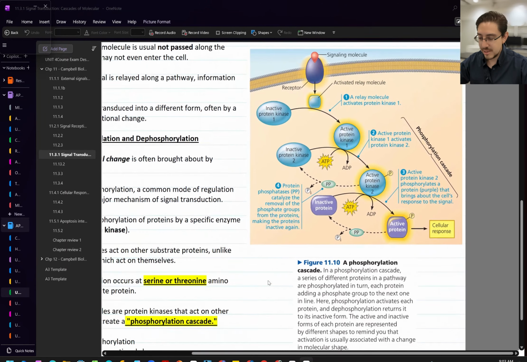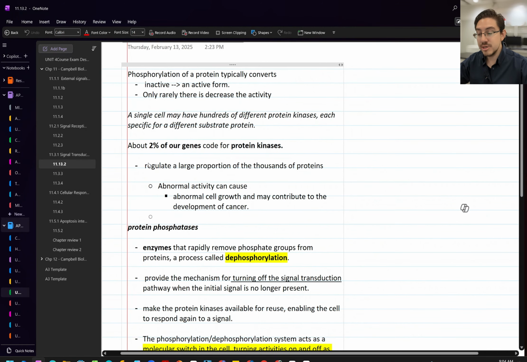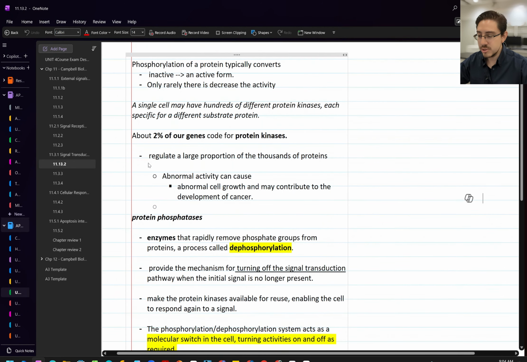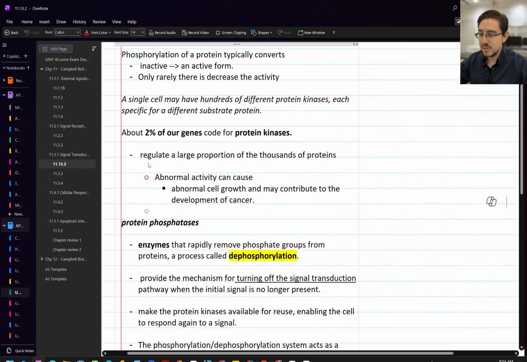So around 2% of our genes code for protein kinases, which is quite interesting. And there's a good variety of protein kinases in our body, depending on what you need.